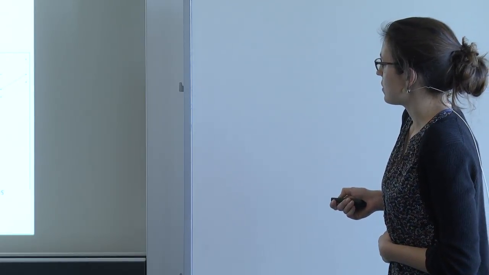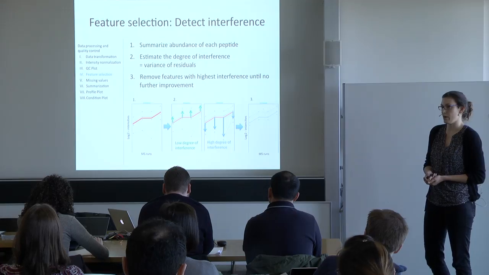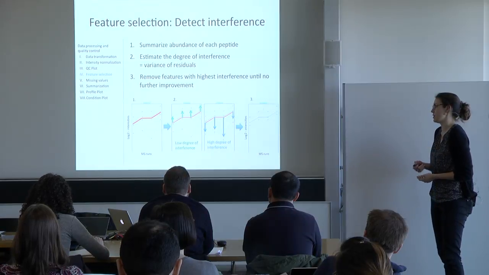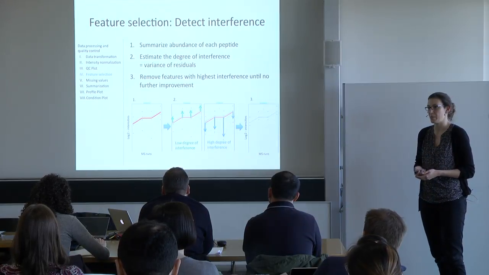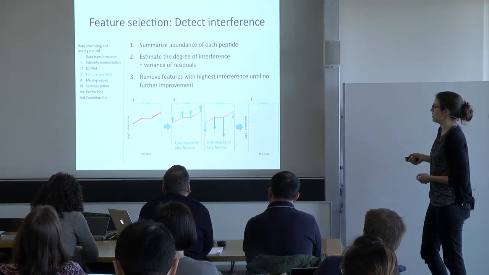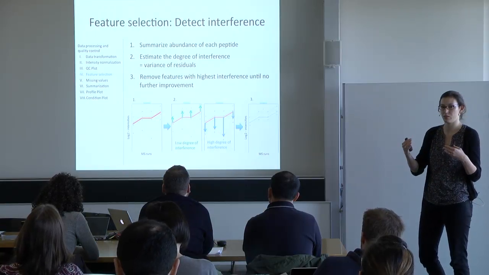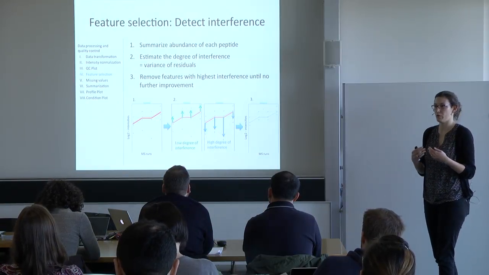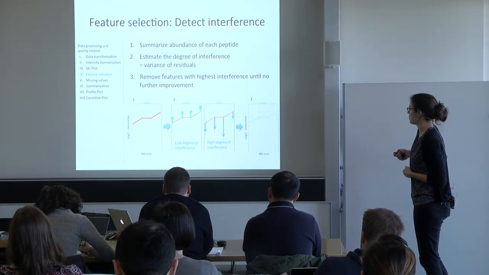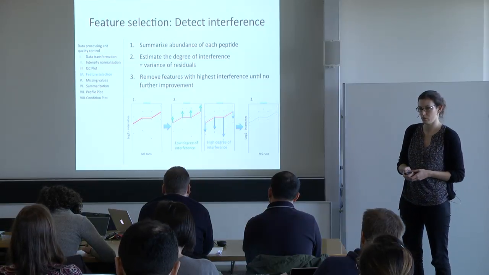Here you see that the difference to the summarized value is varying quite a bit between the different runs. So there you have a high variance of residuals and thus a high degree of interference. So MSstats goes ahead and removes the features with the highest degree of interference until you have no longer much of an improvement. And then you can see here this noisy feature was removed, and you have very nice and parallel lines for the remaining ones.